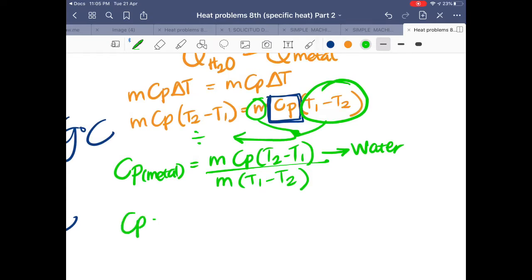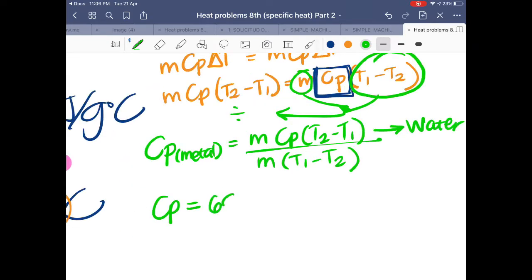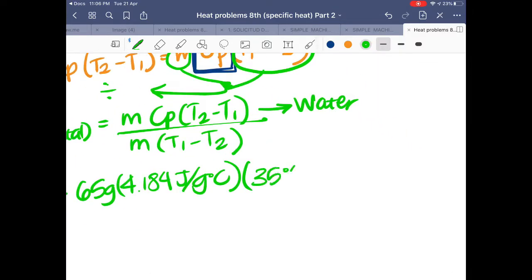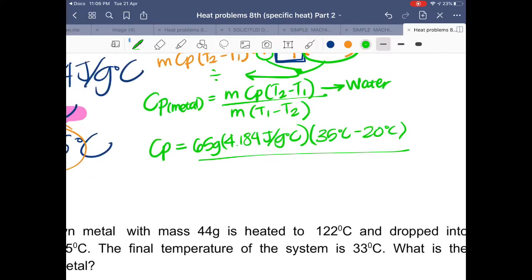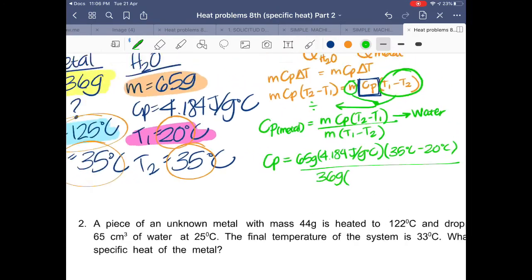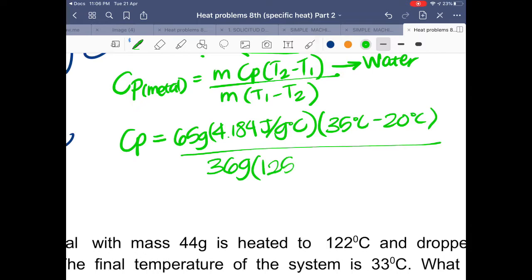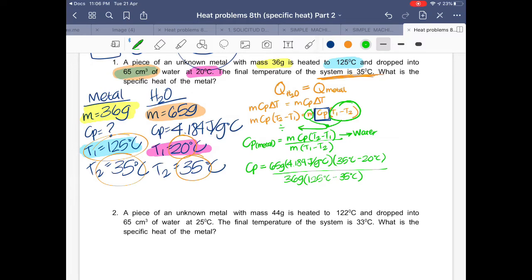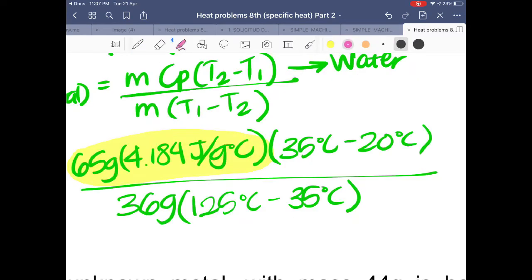So specific heat equals 65 grams times 4.184 joules over grams per degree Celsius times 35 degrees Celsius minus 20 degrees Celsius, divided by 36 grams times 125 degrees Celsius minus 35 degrees Celsius. So the first thing that you need to do is to do this part right here, this part right here, and this part right here.